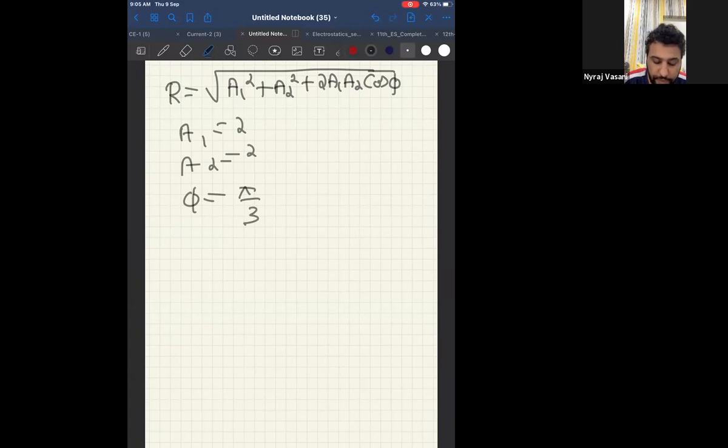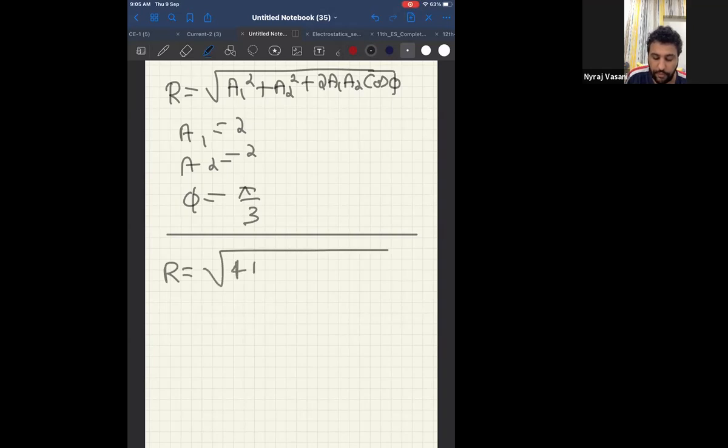Now, if I substitute this, I will get r is equal to square root of 2 square is 4 plus 2 square is 4 plus 2 into 2 into 2, 8, cos pi by 3, correct?